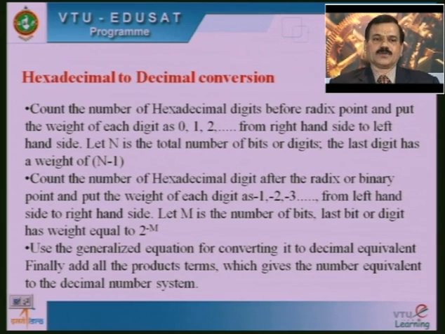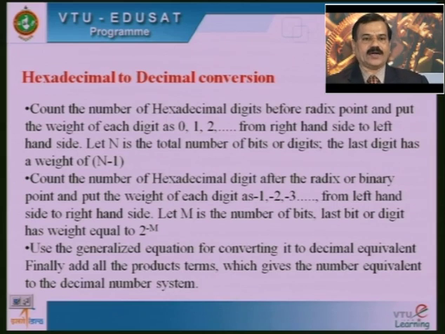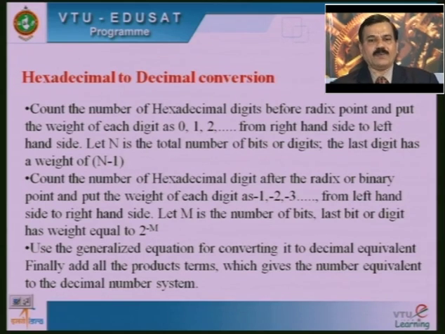Second step to be followed is to count the number of digits after the radix or binary point and put the weight of each digit as minus 1, minus 2, minus 3 from left hand side to right hand side. Let m be the number of bits.